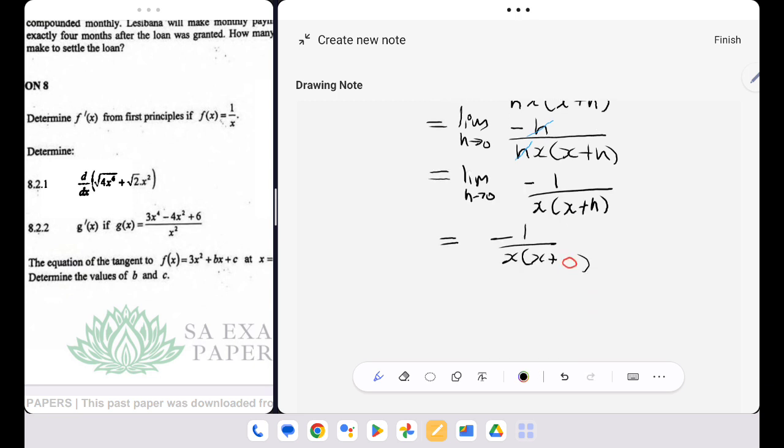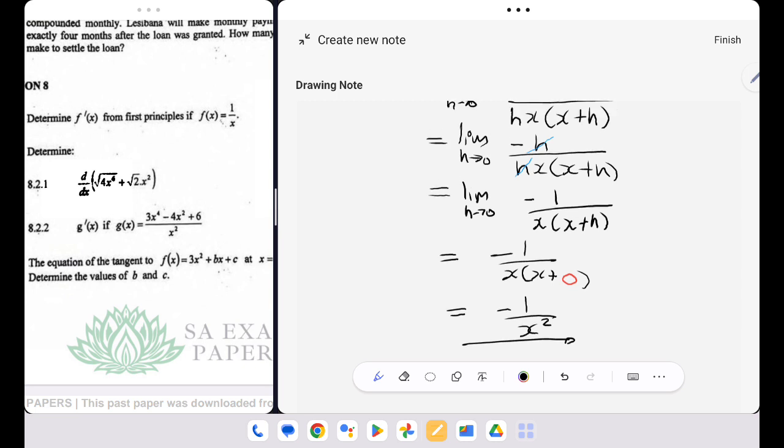And please note that whenever I substitute 0 as my h, I no longer write limit as h approaches 0. Are we together? So this thing will be just equal to minus 1 over x squared. So this is how you find the derivative by using first principles.